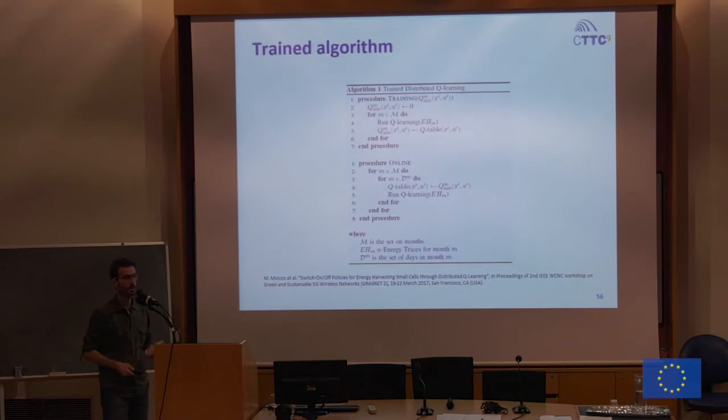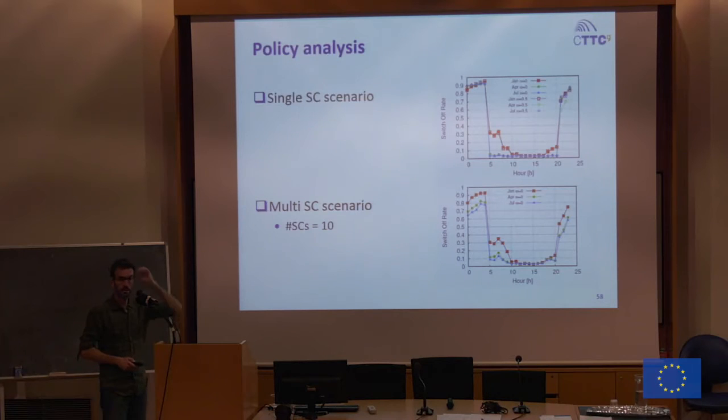In this case, we can have the initial Q table already in a stabilized form, and then we can exploit that as the starting point for the online algorithm. And then there are some things that I wanted to say to you about the behaviors of the small cell.